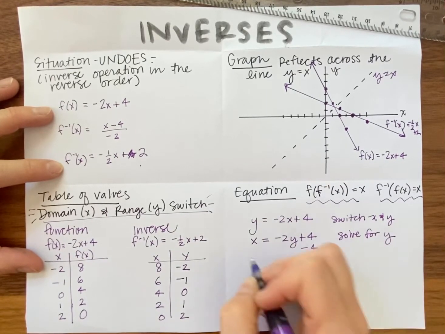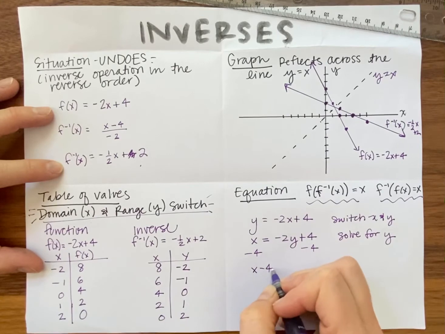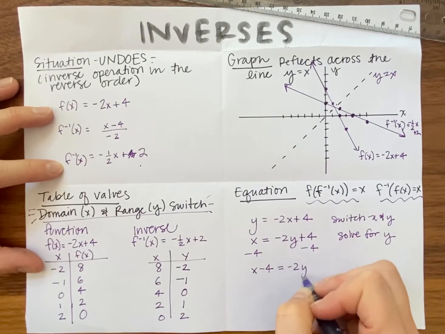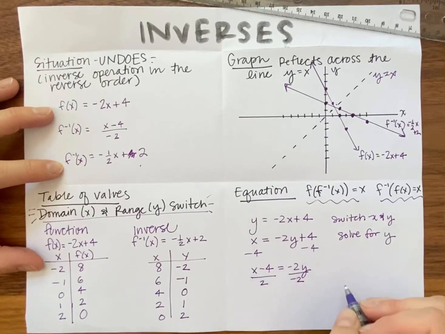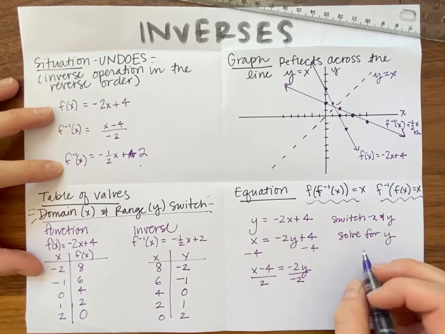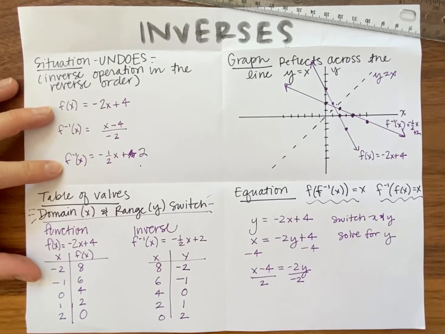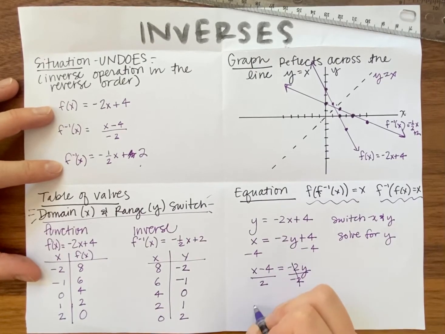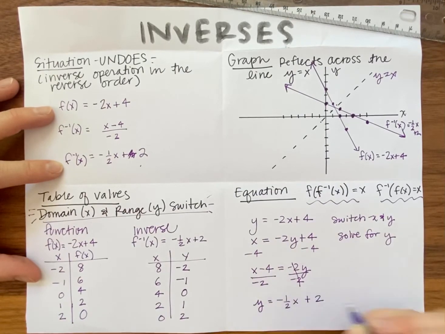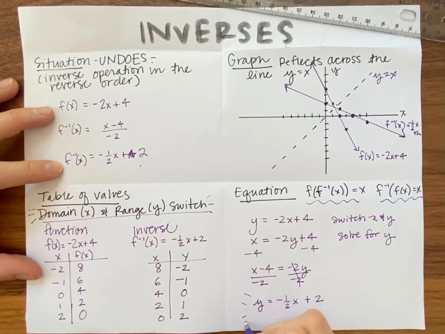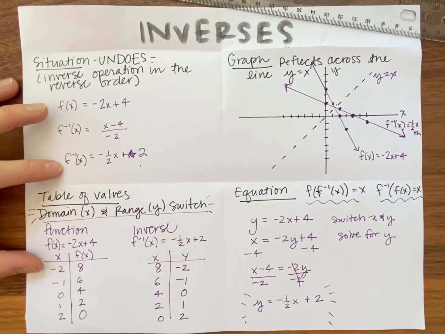I end up subtracting 4. And then I divide by negative 2. And this might look familiar. We're doing the inverse operation in the reverse order. I get y equals negative 1/2 x plus 2. Voila. There you have it, folks.